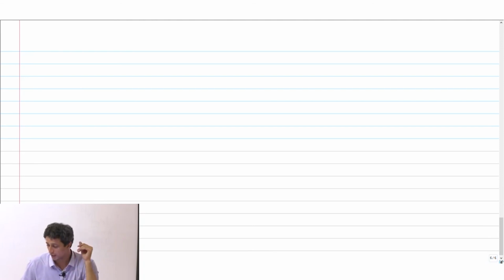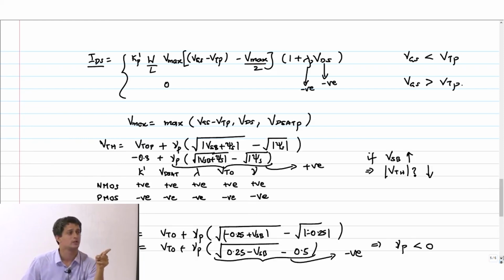Correct. So you have to consider the maximum of these voltages, which is for the negative. Not magnitude, not absolute value, the actual value. If I substitute your values, it will be max of minus 1, minus 1.2. Let's assume that this is minus 1.5 or something.